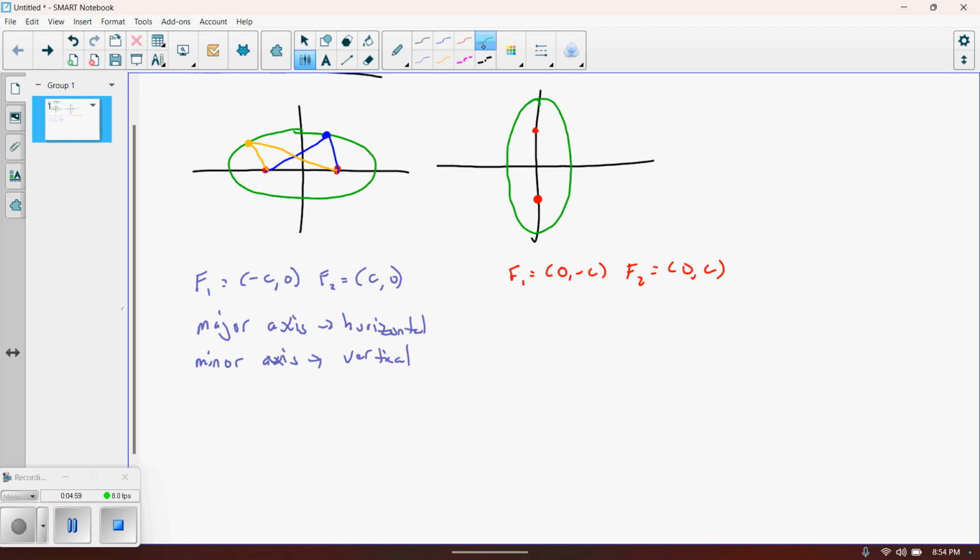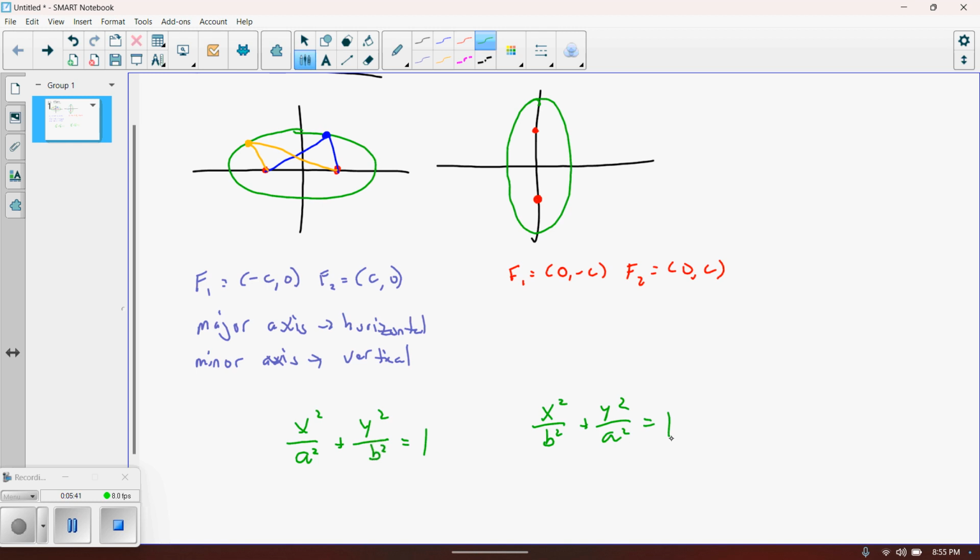The general equation of an ellipse is x squared over a squared plus y squared over b squared equals 1, as long as the x-axis is the major axis. If the y-axis is the major axis, the only thing that changes is the location of the a squared and the b squared. The x squared would get the b squared in the denominator, and the y squared would get the a squared in the denominator.